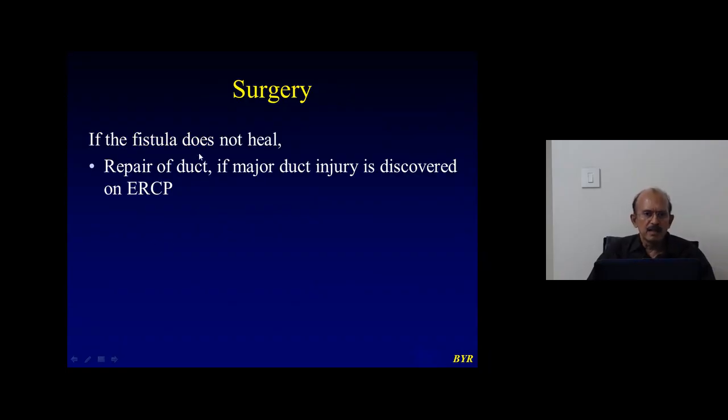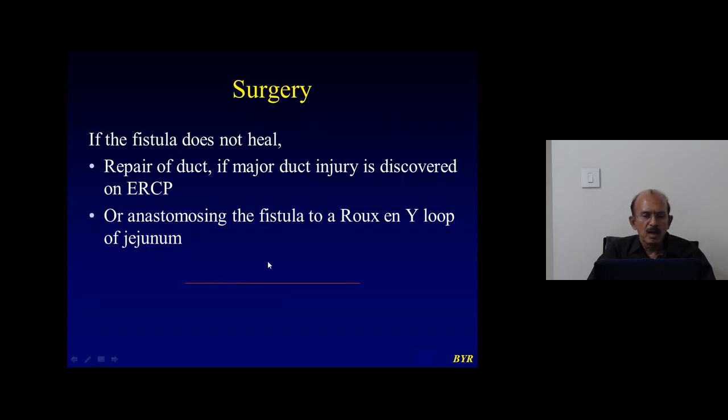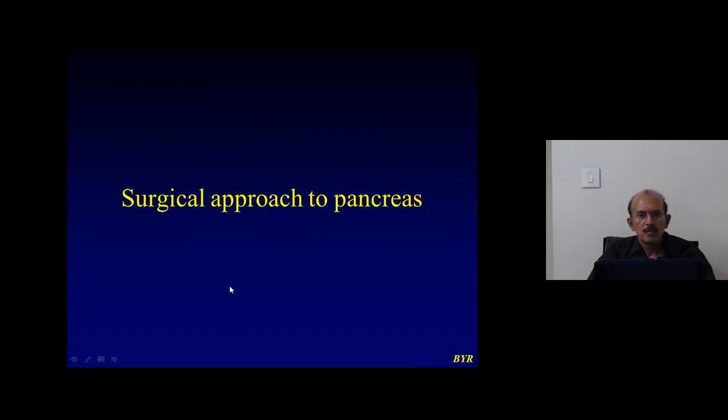If the fistula doesn't heal, repair of the duct, if major duct injury is discovered on ERCP, or anastomosis of the fistula's opening to a Roux loop of jejunum. So that's about the pancreatic fistula.